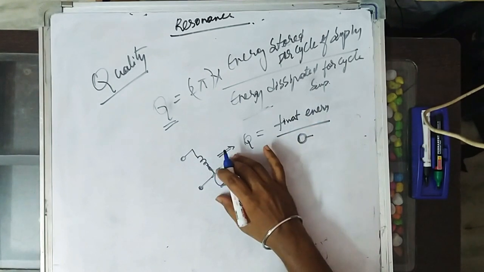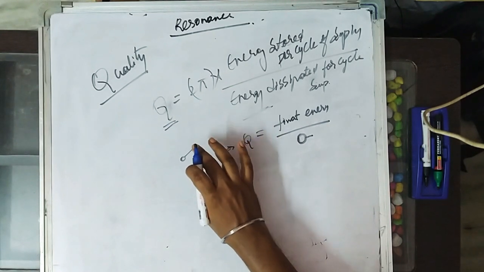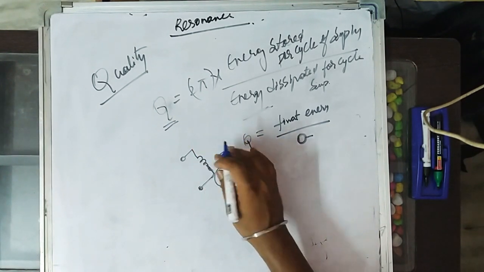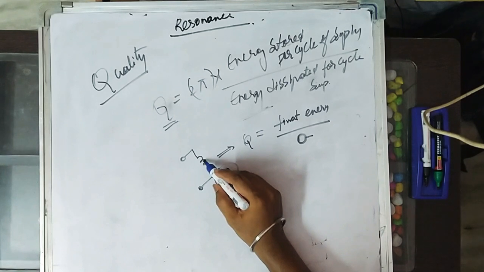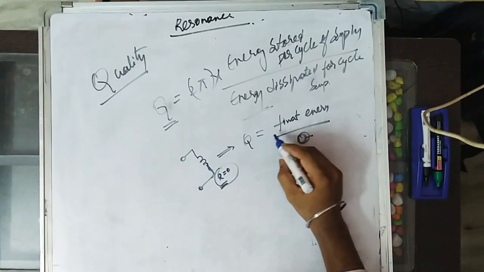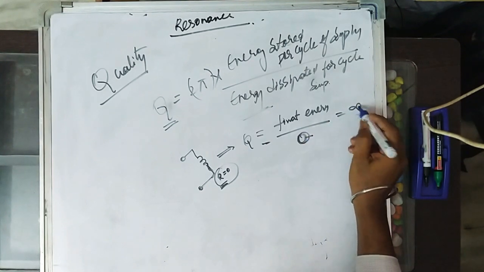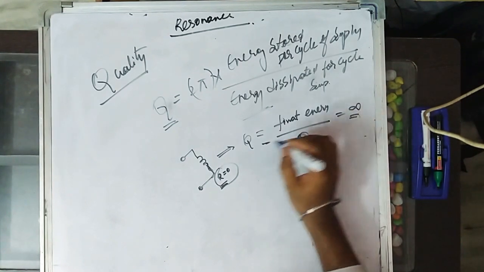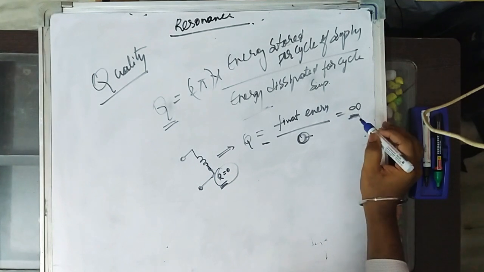There is no dissipation. Whatever energy is stored will be accumulated there only. Since there are no leakages, the energy stored is finite. Finite by 0, what will you get? Infinite. So the quality factor of a pure inductor is infinite.